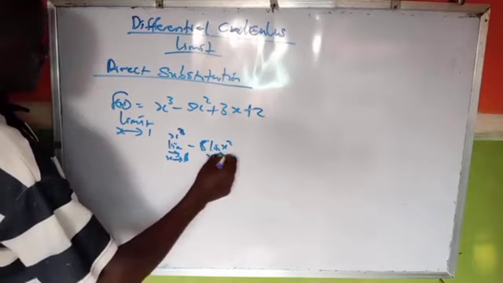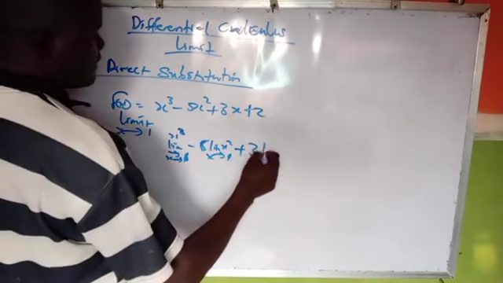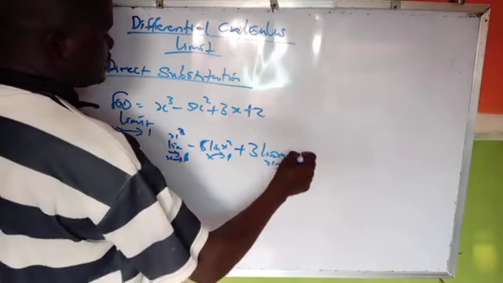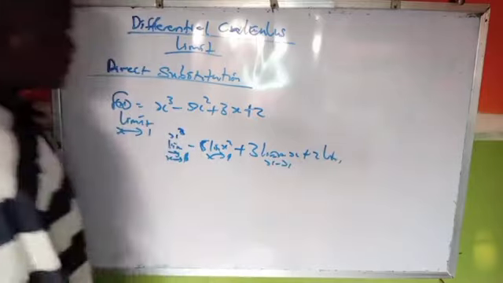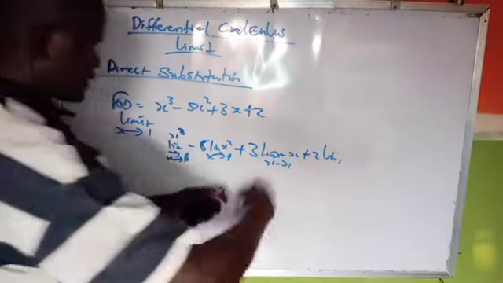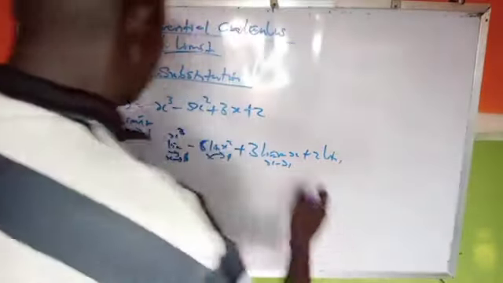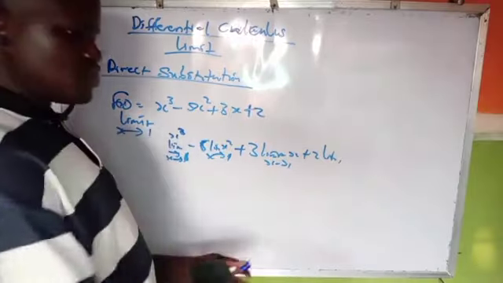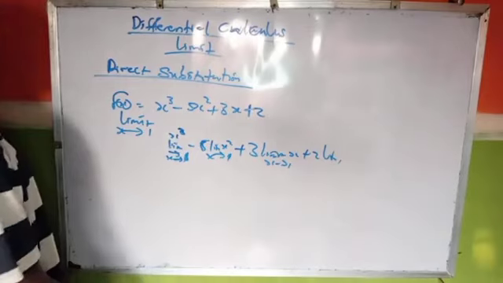The limit of x cubed, minus 5 times the limit of x squared, plus 3 times the limit of x, plus 2, as x tends to 1. You may not put the limits; you can simply substitute it directly. It's still the same thing, but normally you can express it like this.